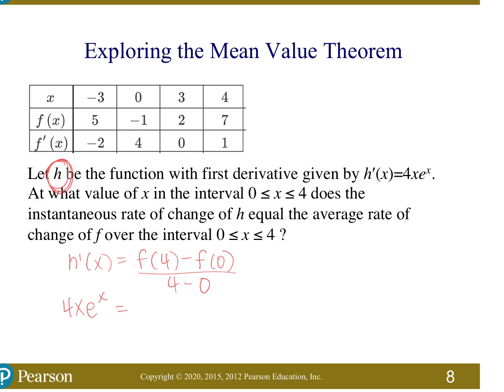And then from the table, we will pull out f of 4, which is 7, minus f of 0, which is negative 1, over 4 minus 0, which implies that 4x e to the x must be equal to 7 plus 1 over 4, which is 2. Why do you think they gave some f prime values in the table?